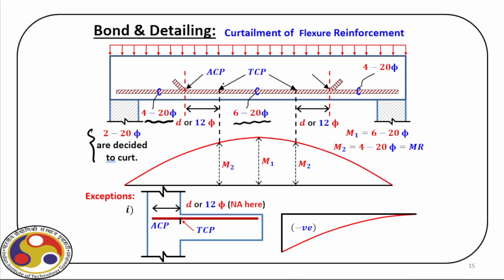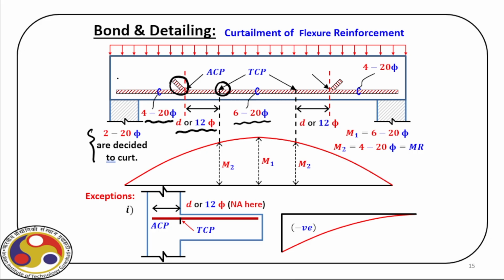At this point, we have the theoretical cutoff point. However, as per code, d or 12 phi, whichever is greater, we have to extend it further, and then we have to provide an anchorage here. So we bend it up slightly and that will provide an anchorage here, and that's how we provide steel. So this detailing you have to follow when you go for curtailment.